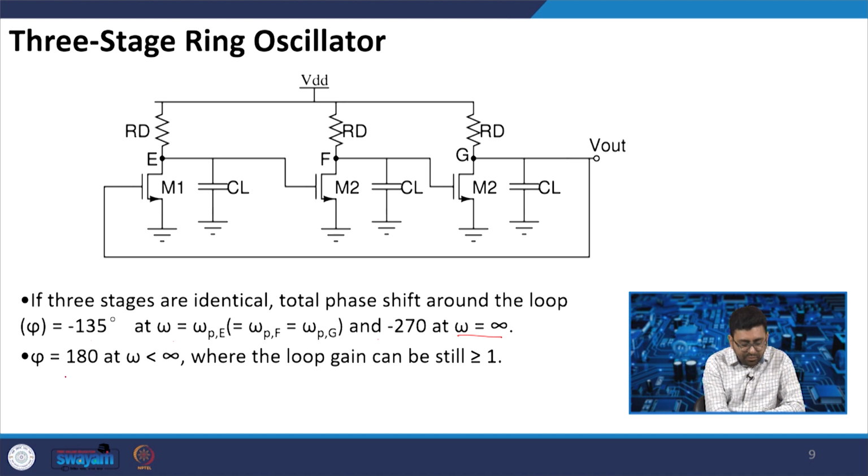So, if we want 180 degrees and a loop gain greater than 1, that is possible in this ring oscillator. So, that is why we use 3 stages, which satisfies the Barkhausen criteria, to have the oscillation.